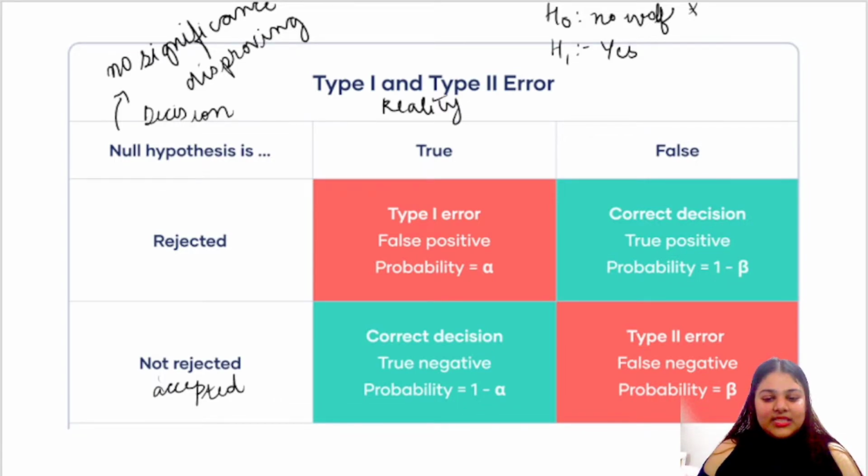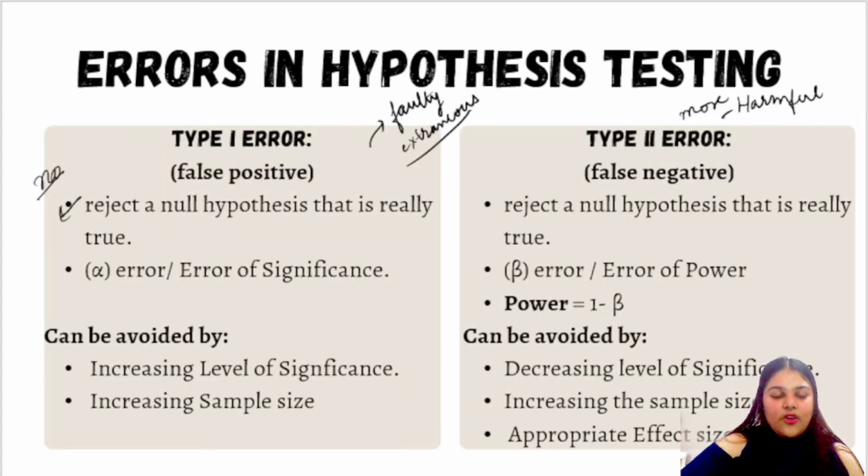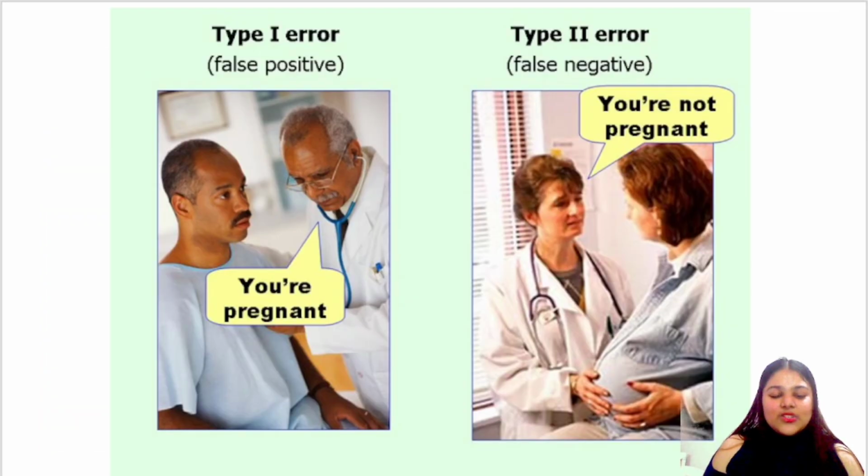So these were two types of error. The second, or type 2 error, is also known as beta error, and this error is also known as error of power. There was also one example from which students remember type 1 and type 2 error a lot. A man and a doctor said that you are pregnant.